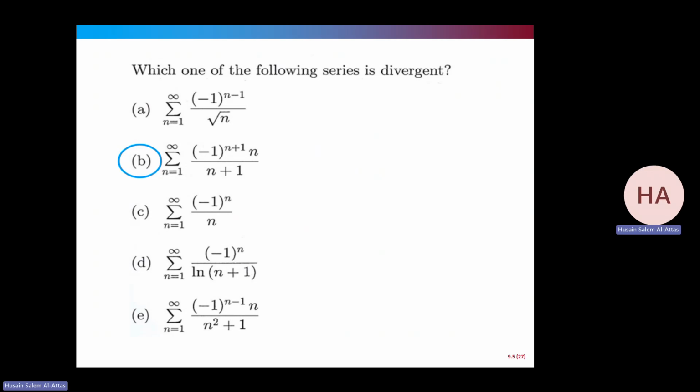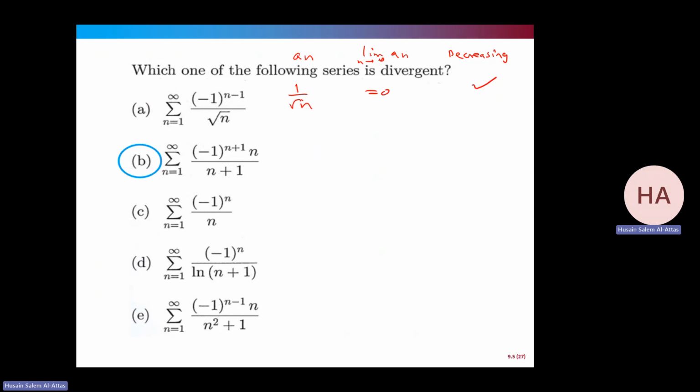Very clear. If I make it the same way, I make a_n here, limit of a_n as n goes to infinity. Here, decreasing or not? Then I conclude this is 1 over the square root of n, which equals 0.